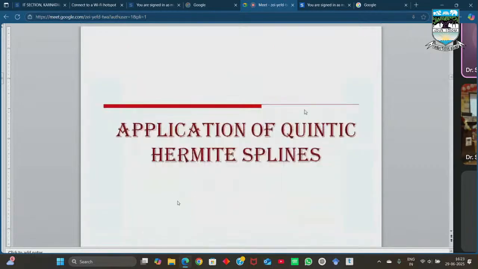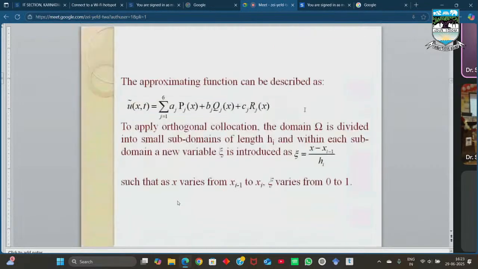Now to apply the quintic Hermite splines on a differential equation, we approximate the function u in terms of p, q and r. And to apply the orthogonal collocation within each subdomain of xi to xi plus 1 or xi minus 1 to xi, we introduce a new variable xi such that the step size or the length of each subinterval is hi.